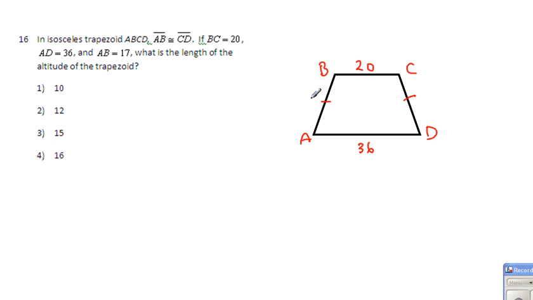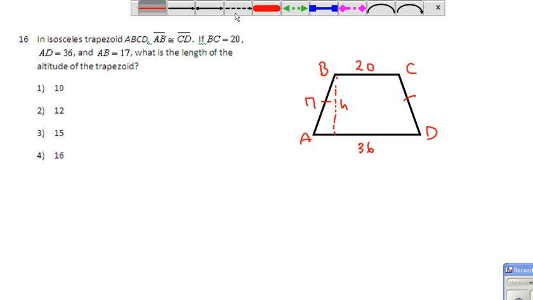Now, AB is equal to 17. Find the length of the altitude of the trapezoid. So they're talking about this length.